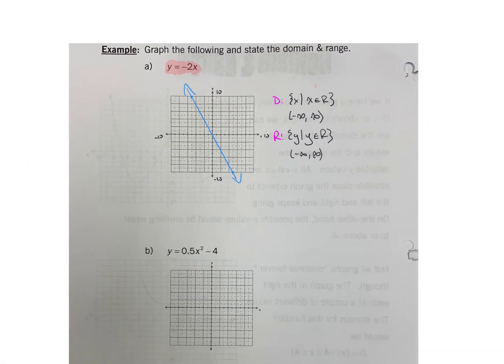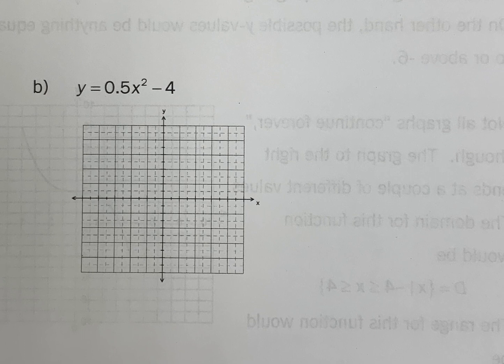Now we have 0.5x squared take away 4. So when we graph this on Desmos, I want you to do that, and I want you to tell me, without spoiling it, it's going to look like this.